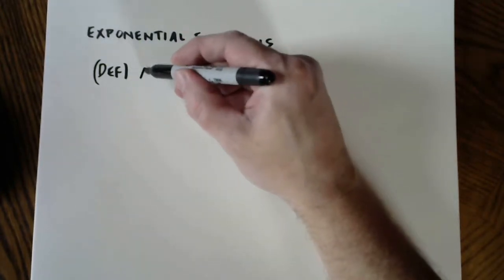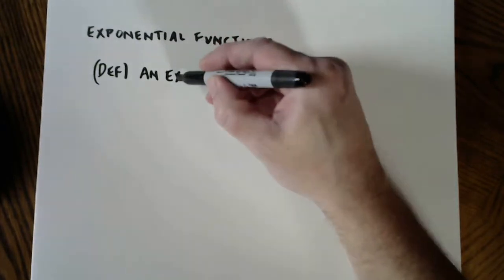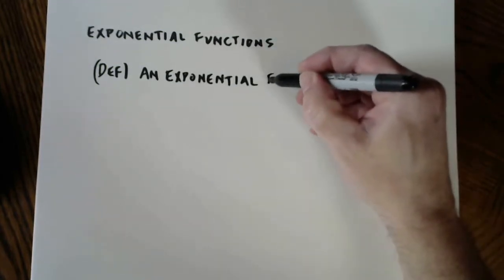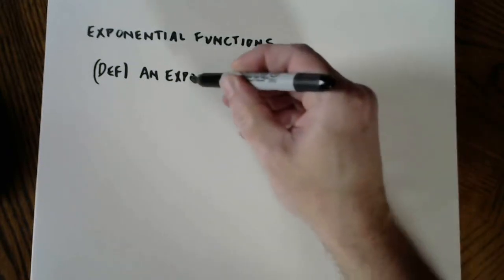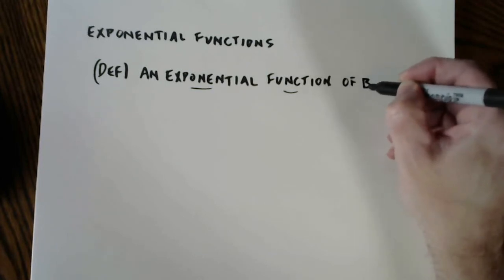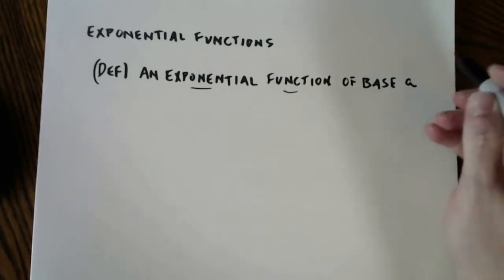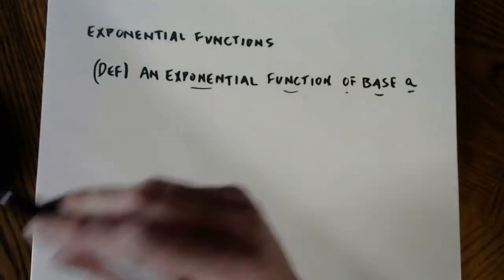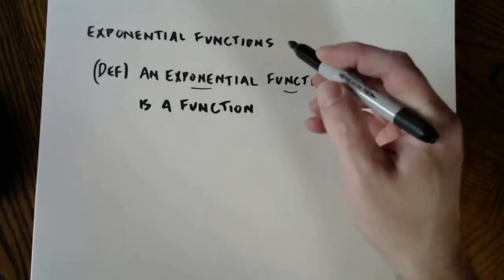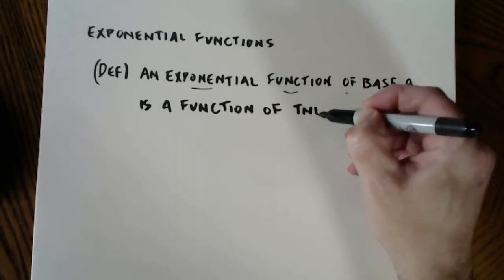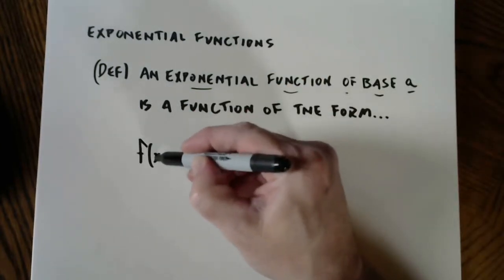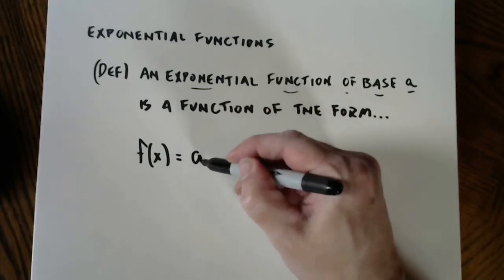Okay, an exponential function, and we're going to specify by saying of base a, that's lowercase a, is a function of this form. f of x equals a to the x.